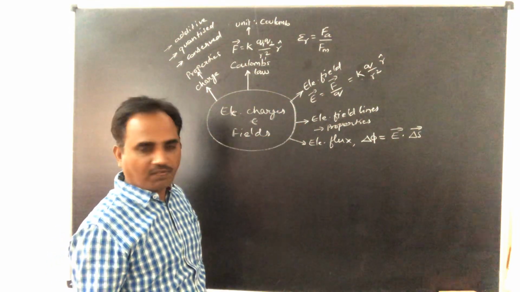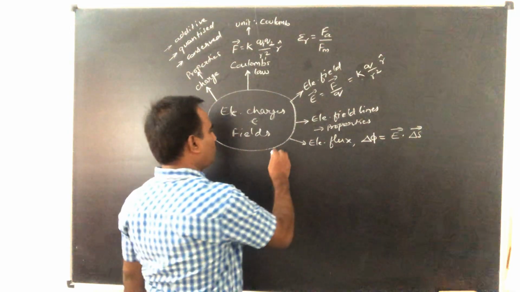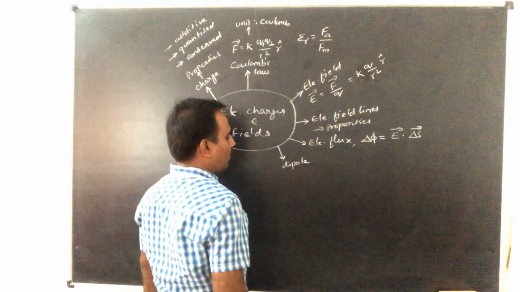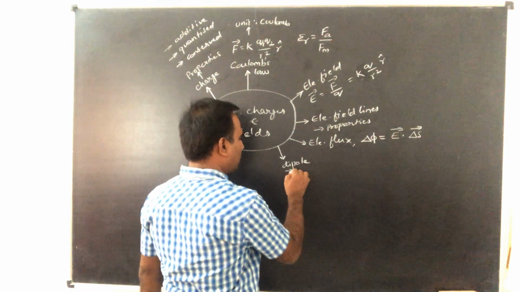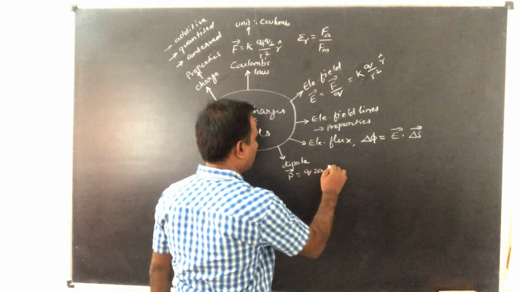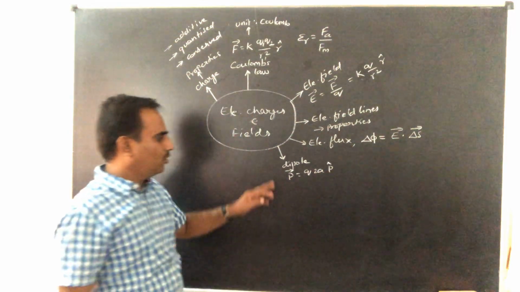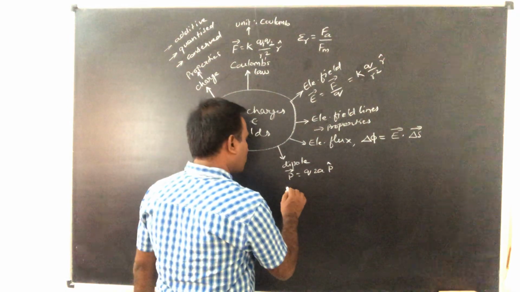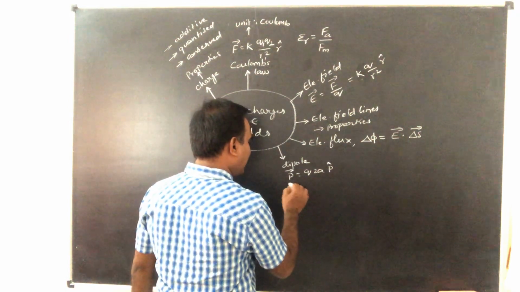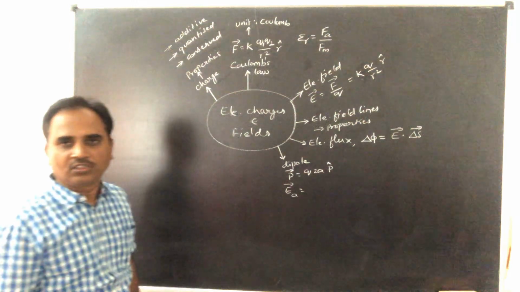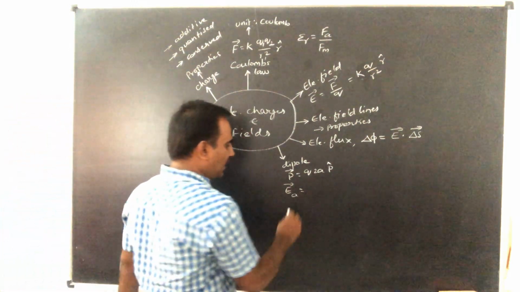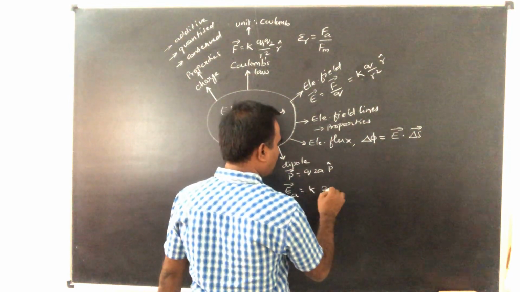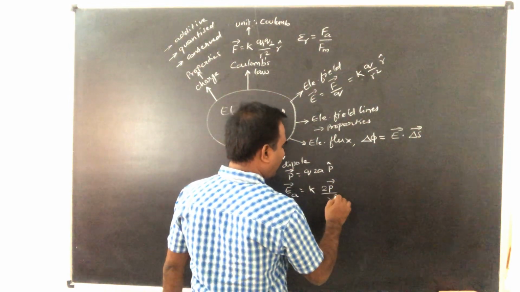Next, after this electric flux, you studied about dipole, electric dipole. Dipole moment. You studied about dipole moment. Next, electric field on the axial line. Electric field on the axial line of electric dipole is given by 1 by 4 pi epsilon naught 2 vector p divided by r cube.